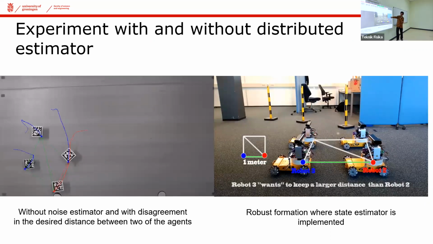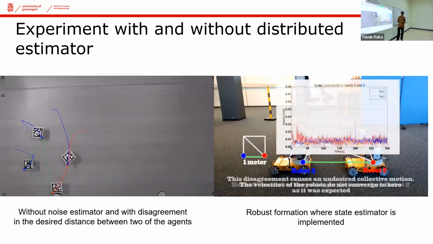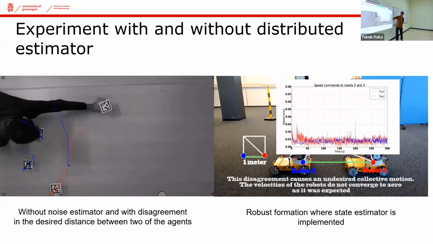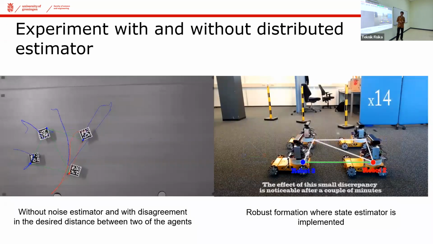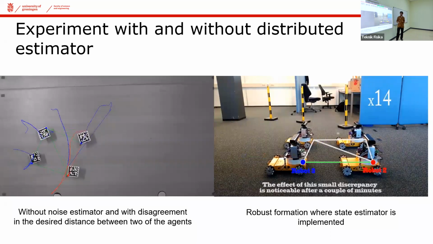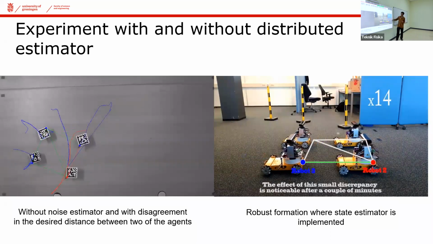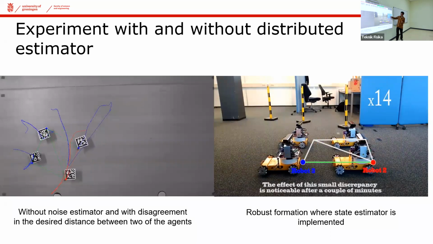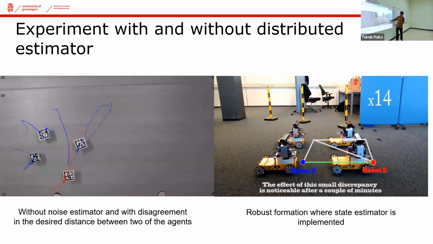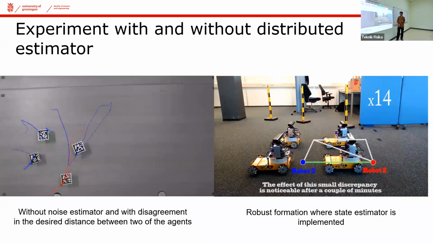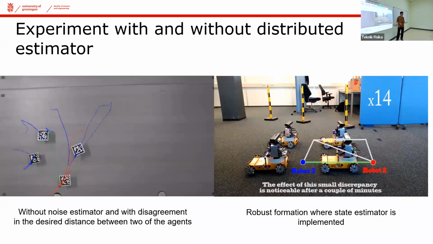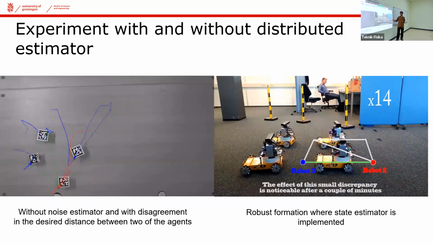So on the left, you see that there is unwanted behavior and it's moving constantly. Although the person is trying to move around, they still converge, firstly to the square, and then after that to the parallelogram. On the right, you can see that when we speed it up by 14 times, everything is drifting away.